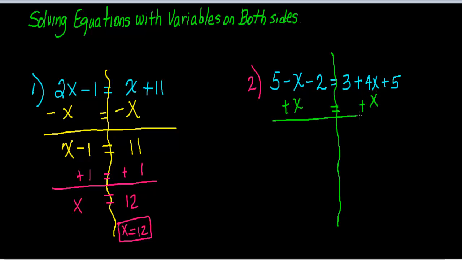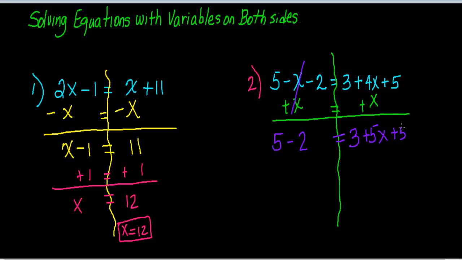And let's add. And here's what happens. 5 goes down. Negative x plus x cancels out and makes a 0. And minus 2 comes down. Equals 3 comes down, 4x plus x makes 5x, and 5 comes down.